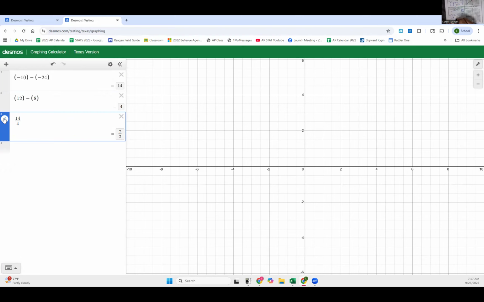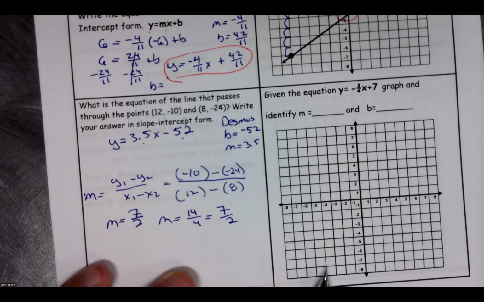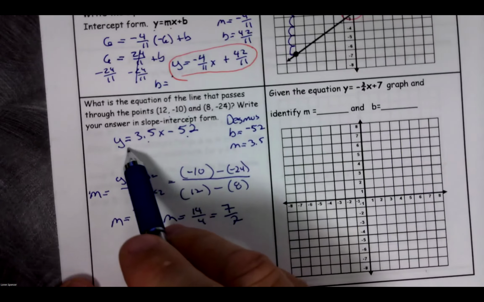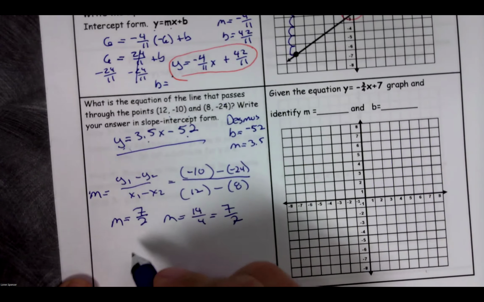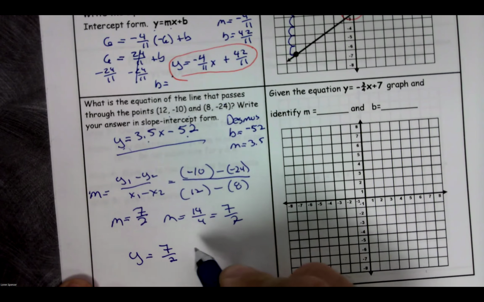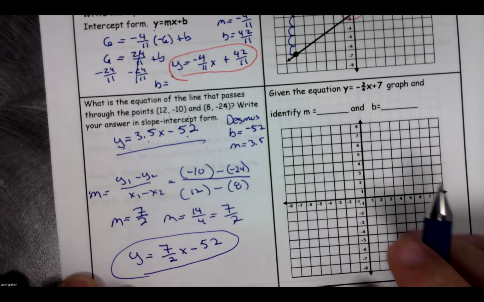All right, actually, I should write m equals 14/4, which reduces to 7/2. So there it is, 14/4 is 7/2. So if they didn't have this on the test, they might have y equals 7/2 x minus 52. And those are exactly the same equation.